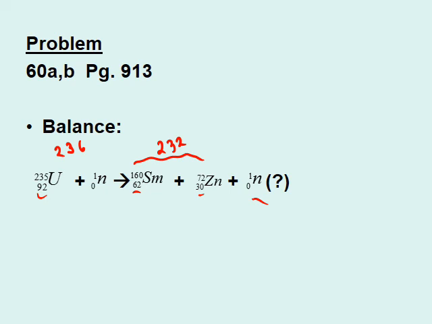One neutron brings 1 unit of mass, and I need plus 4. So that means I must have 4 such neutrons coming out of this reaction. So this is going to balance the reaction that we are looking at, and all the other balancing can be done in a similar manner.